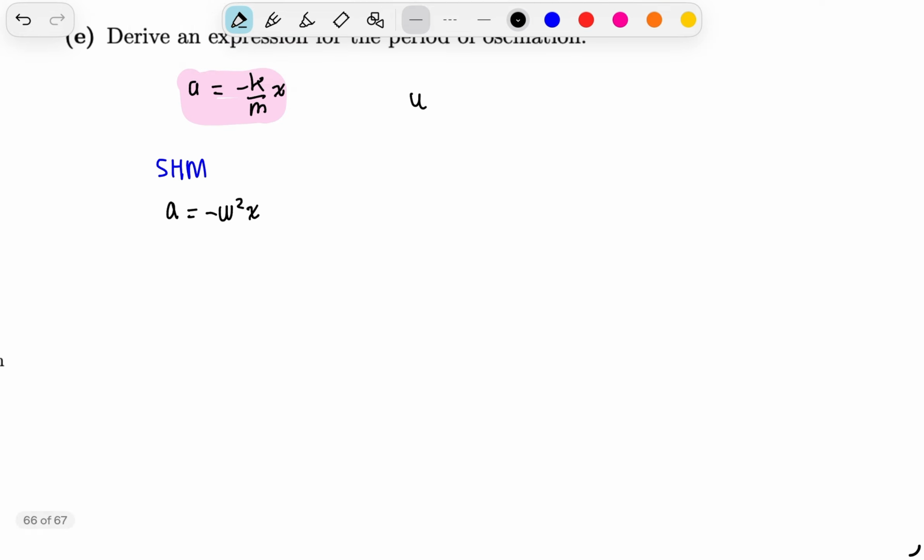Since both are equal to acceleration, you just set them equal to each other. You get omega squared is equal to k over m. Then omega is equal to the root of k over m.